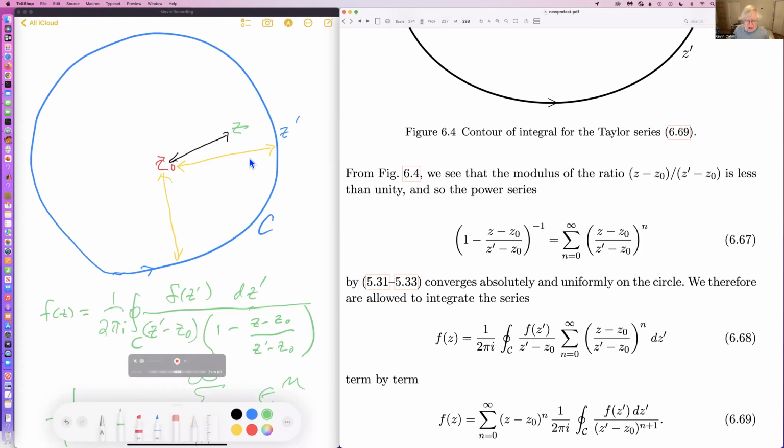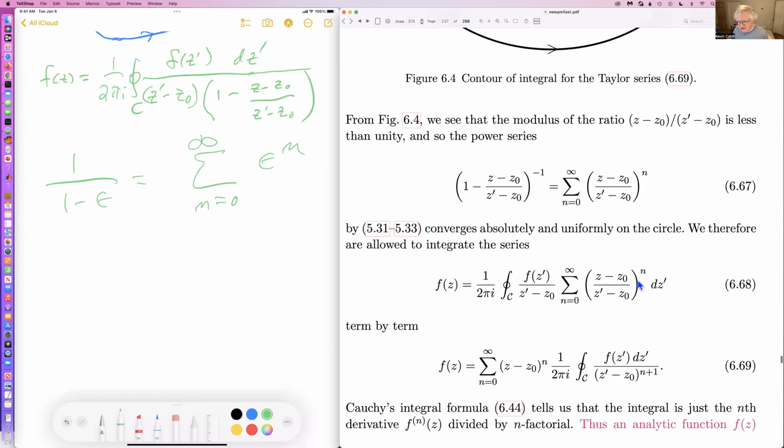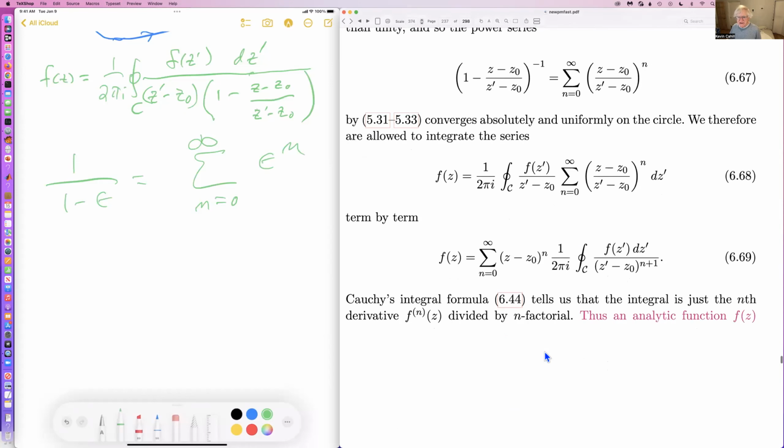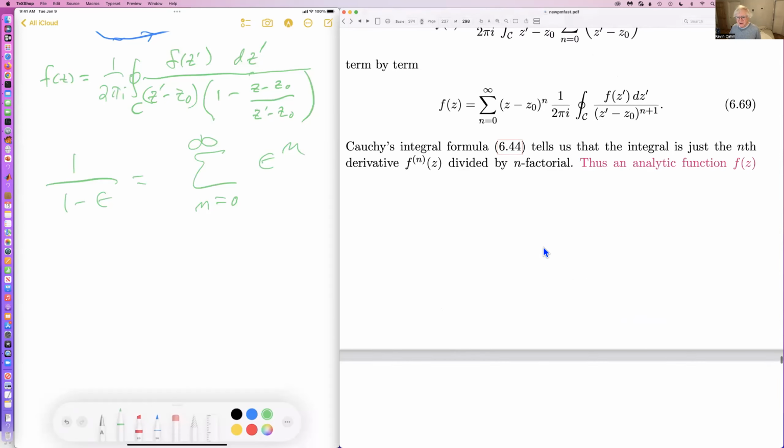And so we can then do that sum, and that sum converges absolutely and uniformly inside the circle, and so we can pull the (z minus z0) to the n outside and leave the denominator inside, and so we get this nice expression here.